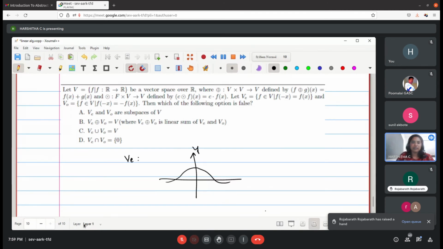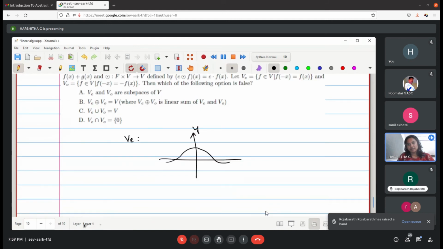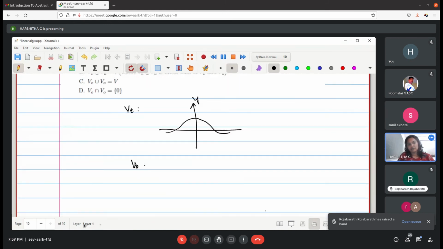The next one is VO, which is all functions such that f of minus x is minus f of x. Graphically, if the positive side looks something like this, the negative side will be opposite. So it is symmetric about the origin.